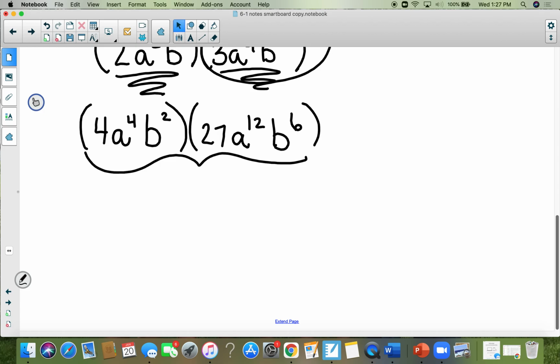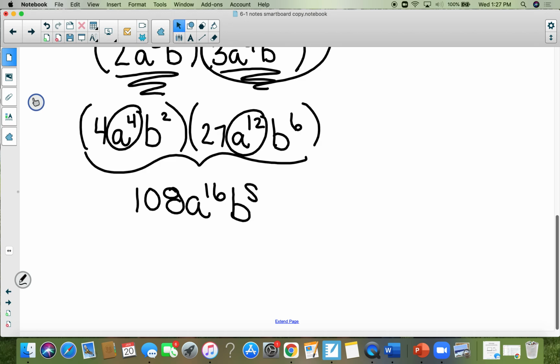So 27 times 4 is 108. And then here you add these, so it makes a to the 16th and b to the 8th. So you have to do your powers first, and then after you do your powers, let's do one more.